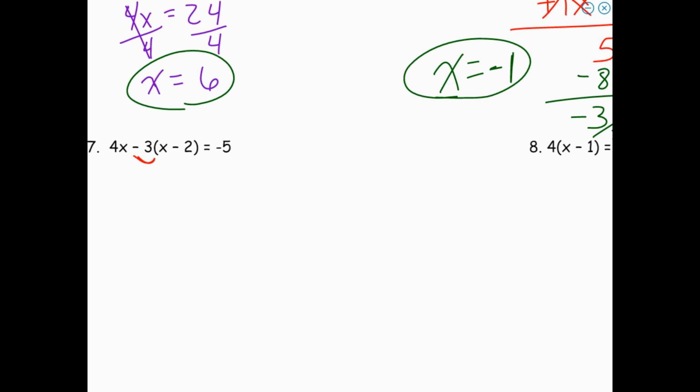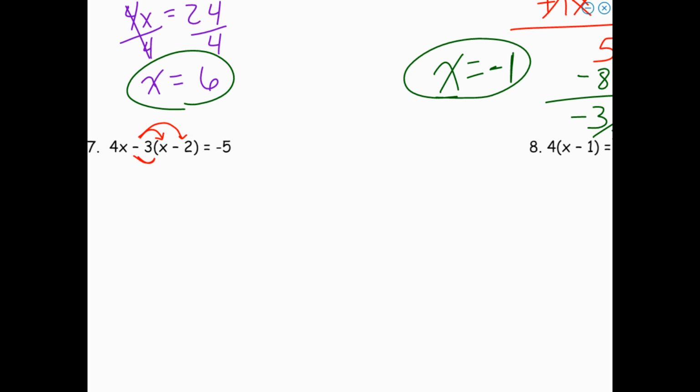What do you do if you've got parentheses? Well, when we were up at the top, remember this negative 3 gets distributed to the parentheses? If you're drawing the algebra tiles, then you would have negative 3 groups of that, which means you'd have to change the signs of what your group is in the parentheses.